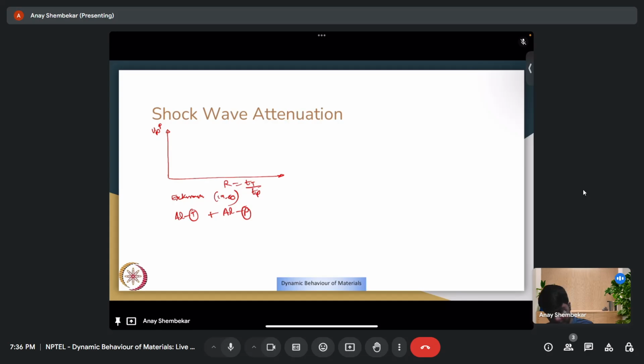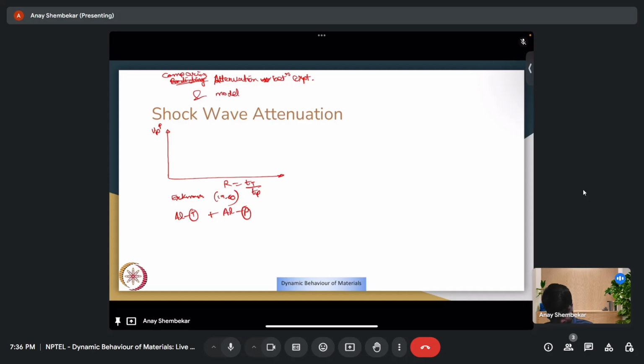Here we are interested in comparing attenuation between experiment and some chosen model.